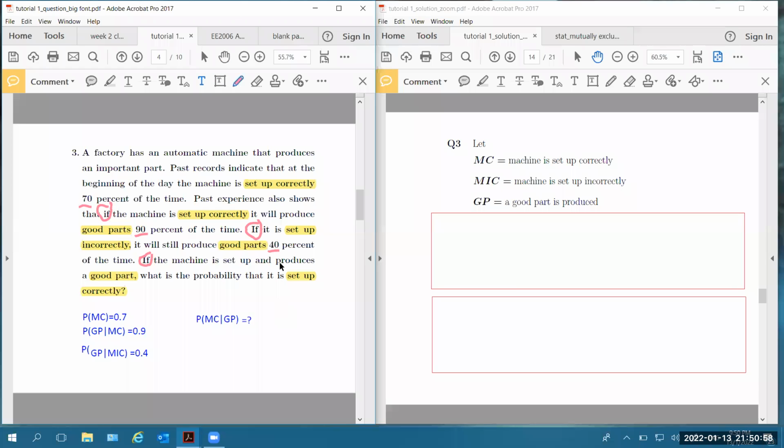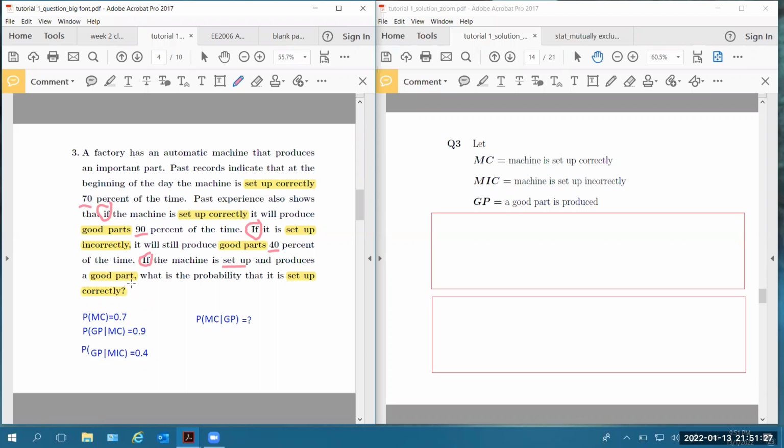You realize that we actually don't consider this setup, because this one is if the machine is not even set up, I cannot do anything. So it cannot produce a good part at all. So this one is trivial, this one is nothing. So the main thing here is if the machine produces a good part.